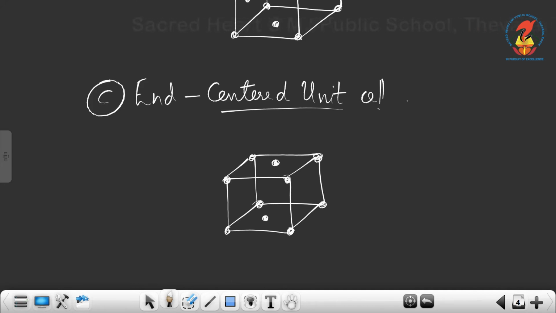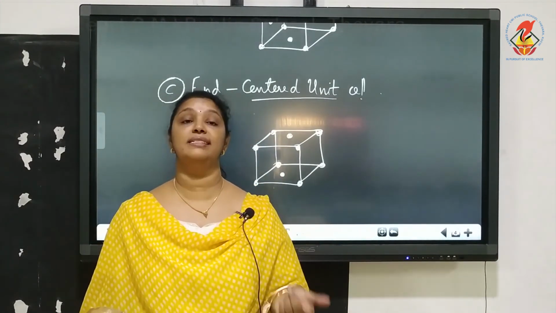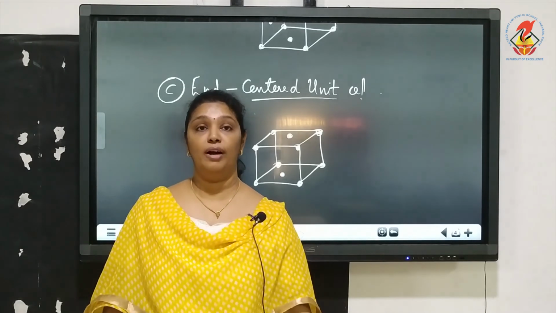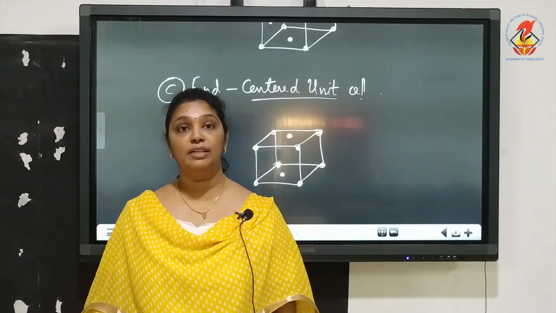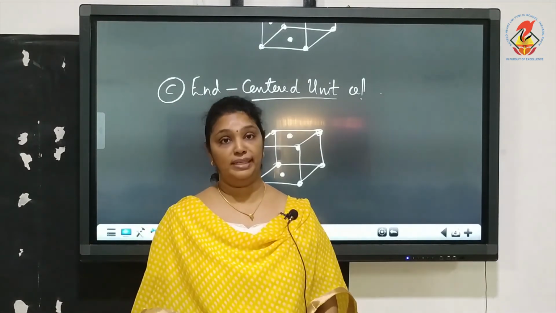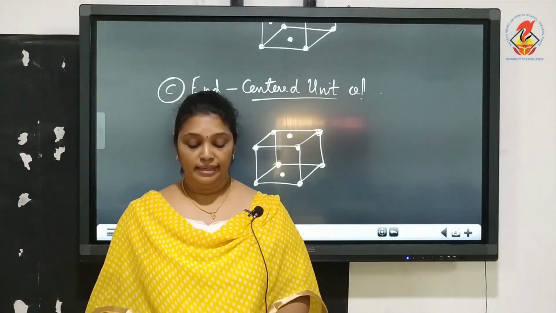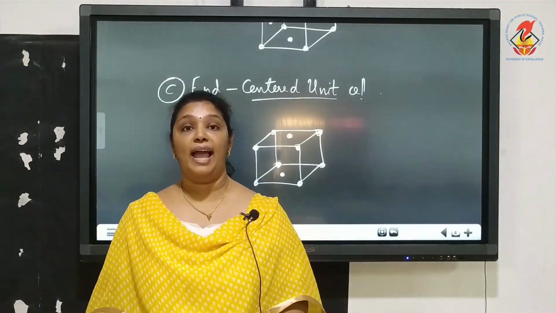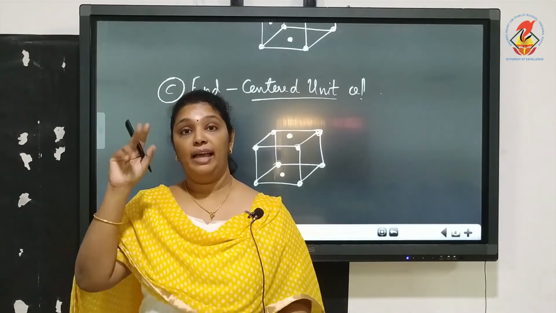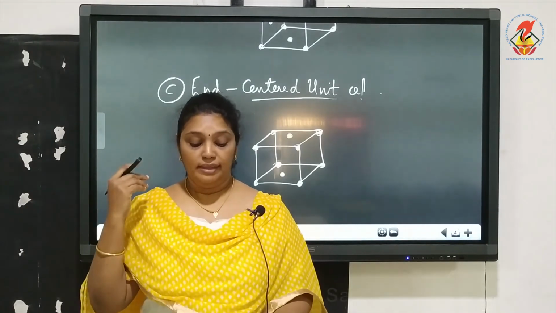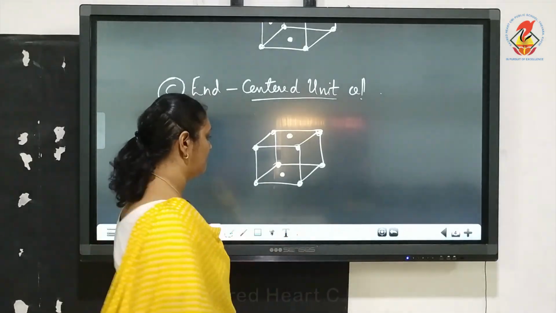Okay, so these are the different types of unit cells, mainly 2 types, primitive and centered. Centered is again divided into 3 types. First one is body-centered unit cell, second is face-centered unit cell, third is end-centered unit cells. Now next we are going to see, depending on the axial and angular parameters, that is axial A, B, C, and angular is alpha, beta, gamma, the unit cells are classified into 7 crystal systems.